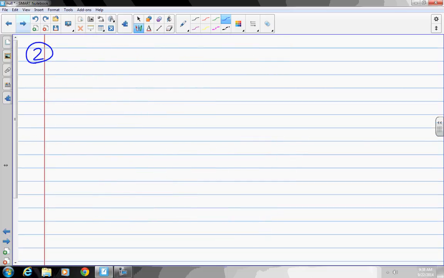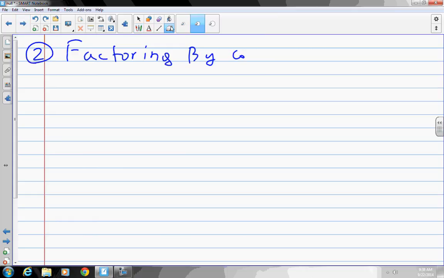So first, we understand how to take the greatest common factor. The next form of factoring is called factoring by grouping. And again, I'm just going to start you with an example.